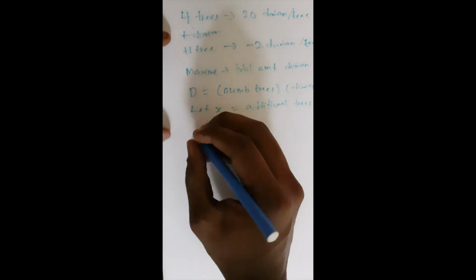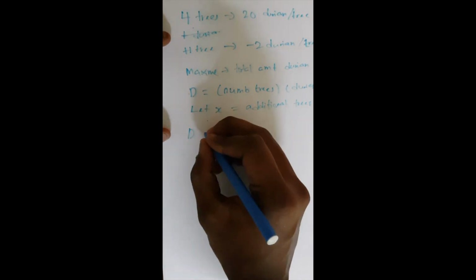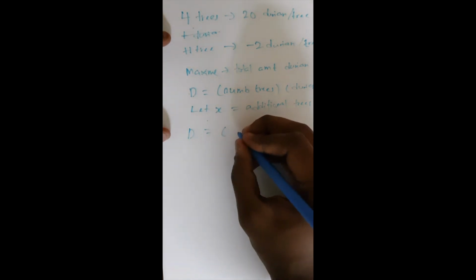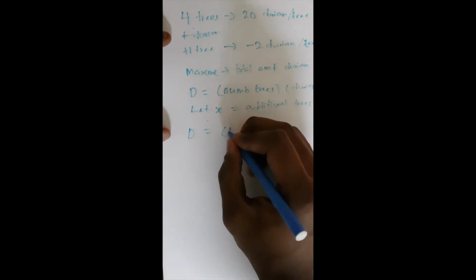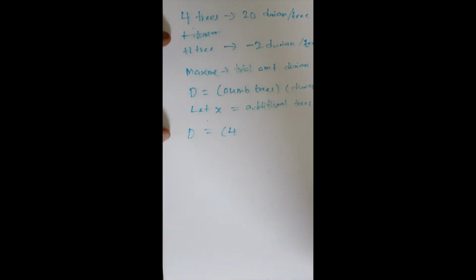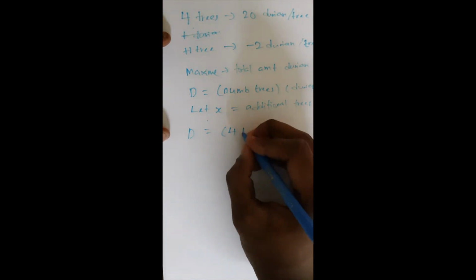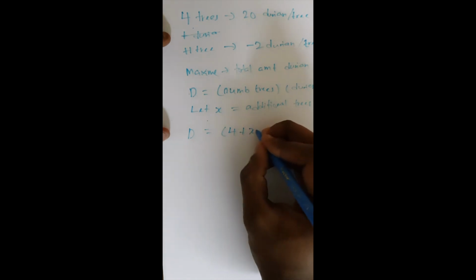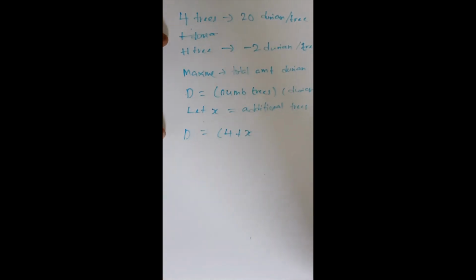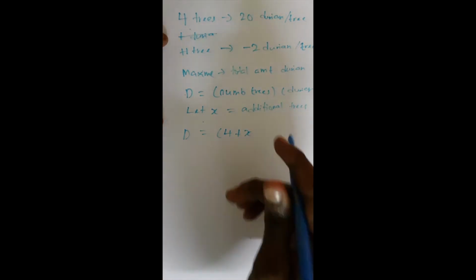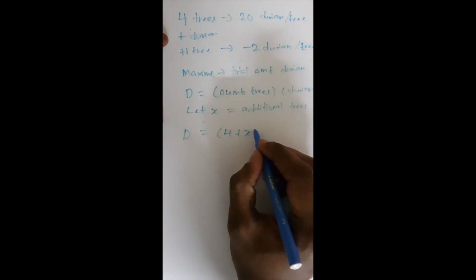Since we have 4 trees already, we can put 4 here, and then we can add x because x is additional trees. So if you're going to add more trees, you put a variable x here.